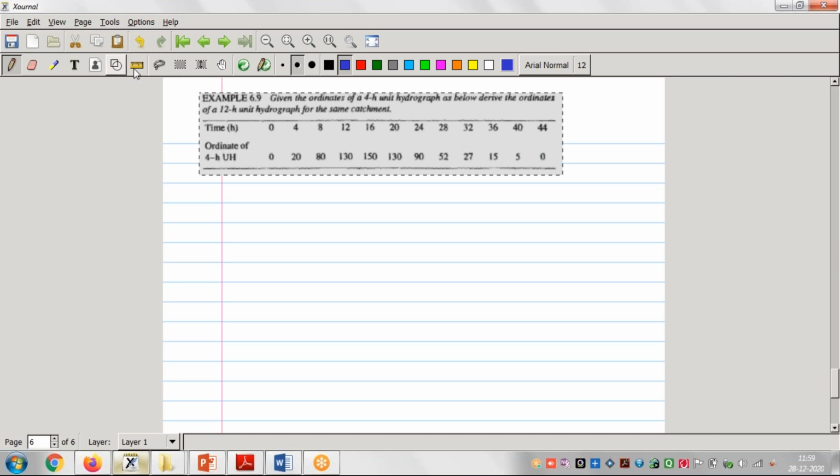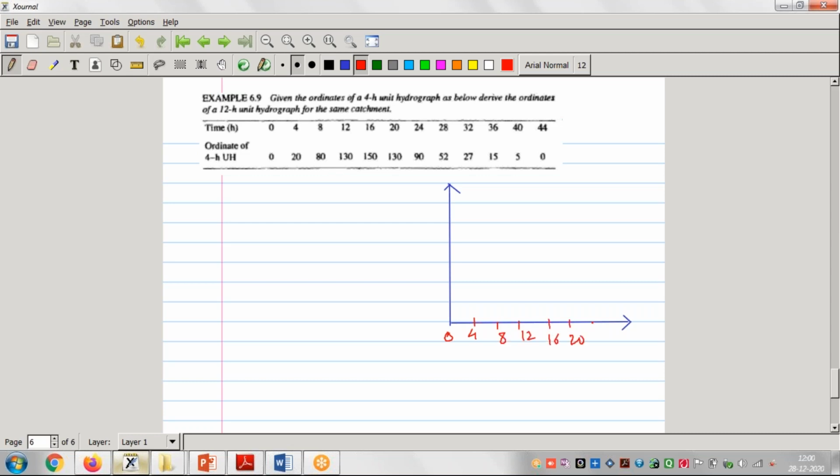This is called the hydrograph. Suppose this is 0, sorry, this is 0, 4, 8, 12, 16, 20, 24, likewise, right?